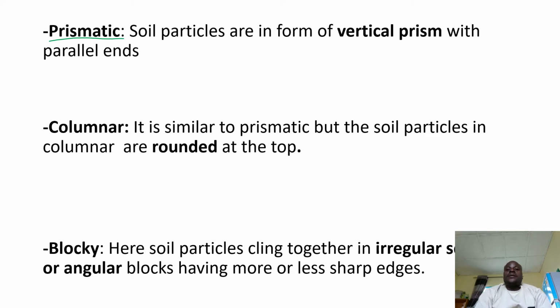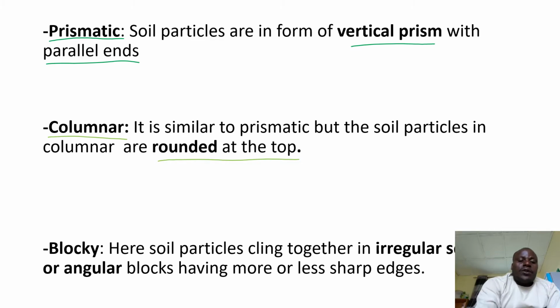The soil particles are in form of vertical prism with parallel ends. Then we have columnar structure. This one is almost similar to prismatic, only that the particles in columnar structure are rounded at the top. They have round tops.